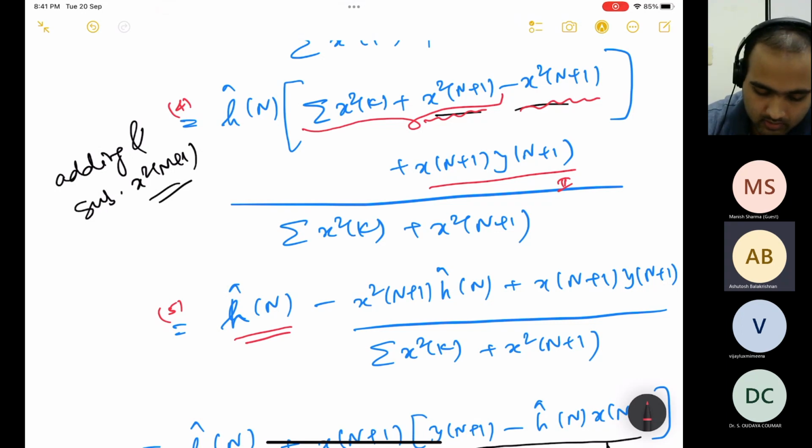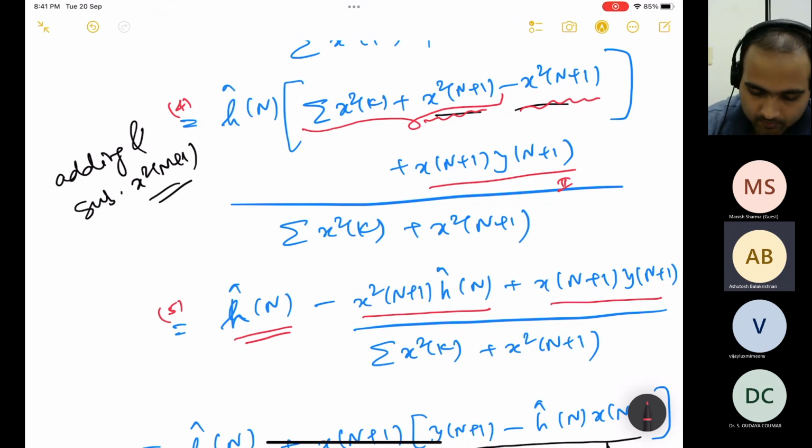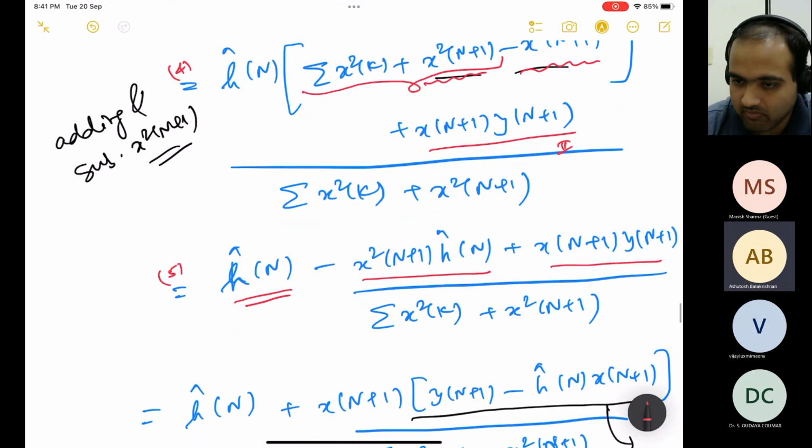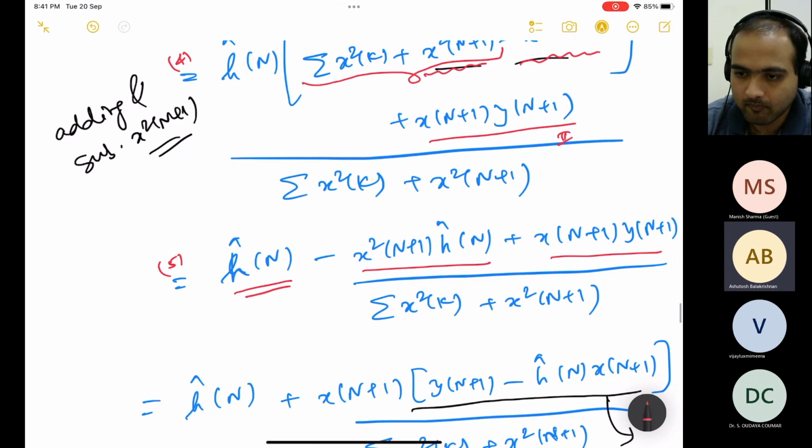Then the second term is h hat n times x square n plus 1, and my third term is x n plus 1 y n plus 1. So this is step 5.